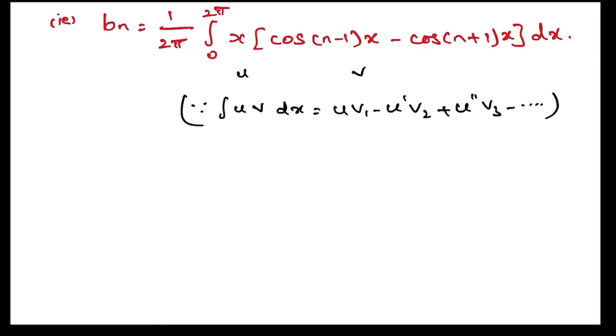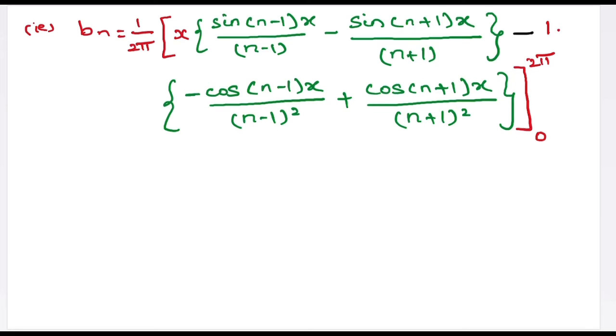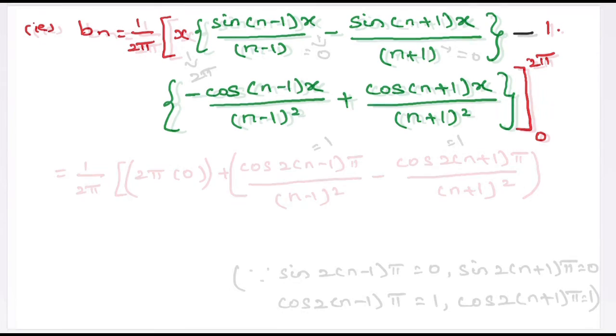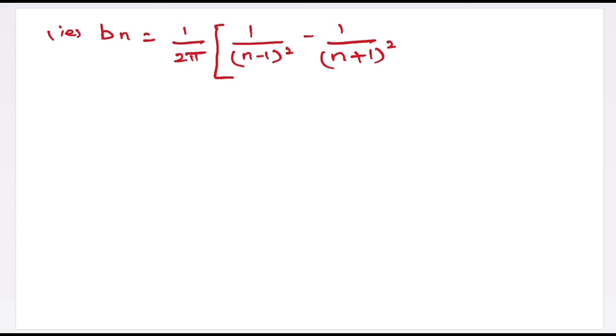Integrating using Bernoulli's formula, we get, by differentiating u is equal to x with respect to x and integrating v with respect to x. As usual, differentiation is given in red color and integration is in green color. The values are given as bn with the limits 0 to 2 pi here. Now apply the upper limit 2 pi in place of x in bn. We get 1 by n minus 1 the whole square minus 1 by n plus 1 the whole square.